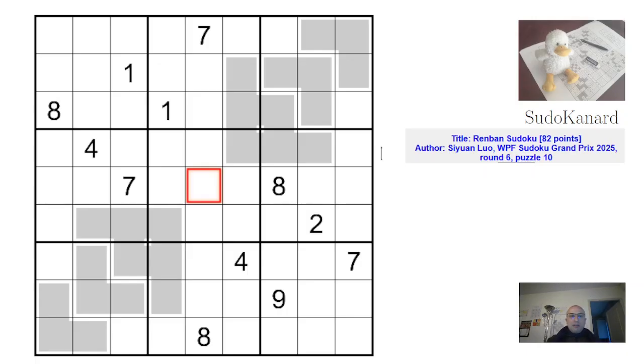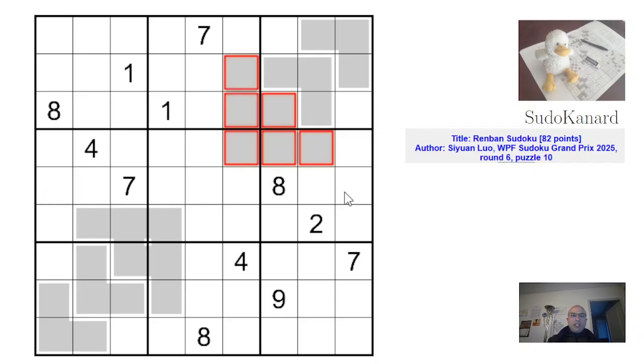So the special rule of Renban is that whenever you have such a shaded region, it must contain a set of distinct digits, all globally consecutive. For example, a Renban of size 6 must contain the digits, it could be from 1 to 6, from 2 to 7, from 3 to 8, or from 4 to 9.